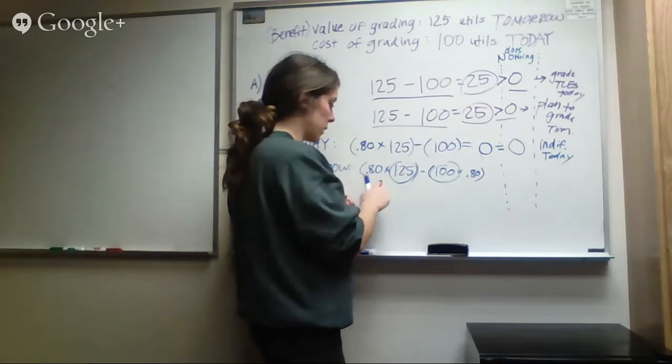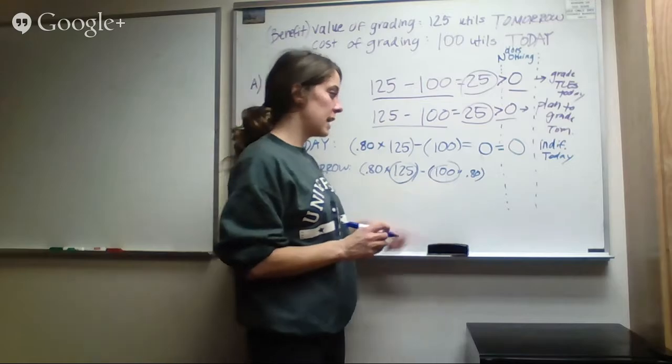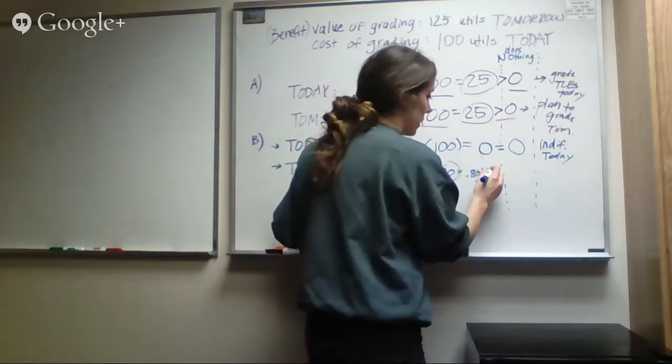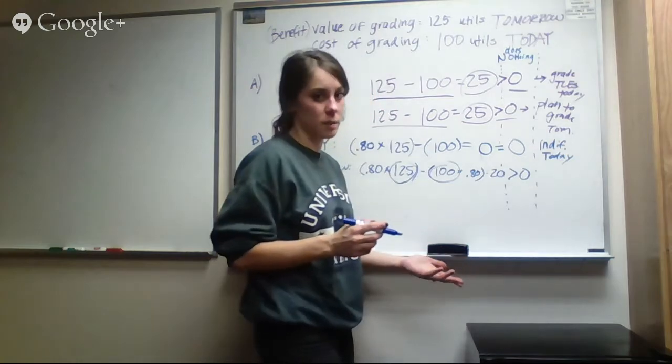So in this case, we're going to have 100, which is 80% of 125, minus 80. So it's going to equal 20 over here. And 20 is greater than 0. So he's going to plan on grading tomorrow.